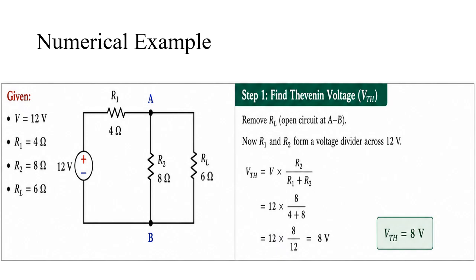So we can calculate the Thevenin's voltage directly as VTH equal to V into R2 by the sum of R1 plus R2. By substituting the values of R2, R1 and the voltage source directly in this formula, we can find the Thevenin's voltage as VTH equal to 8 volt.